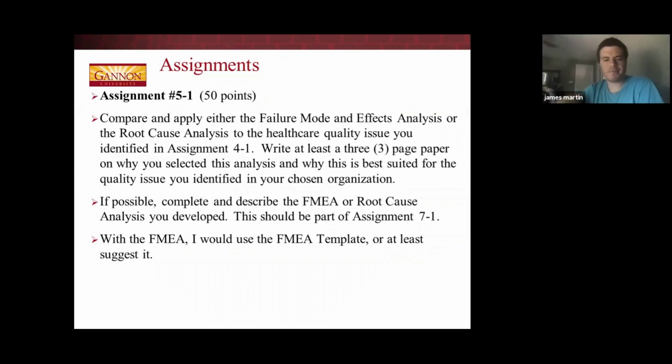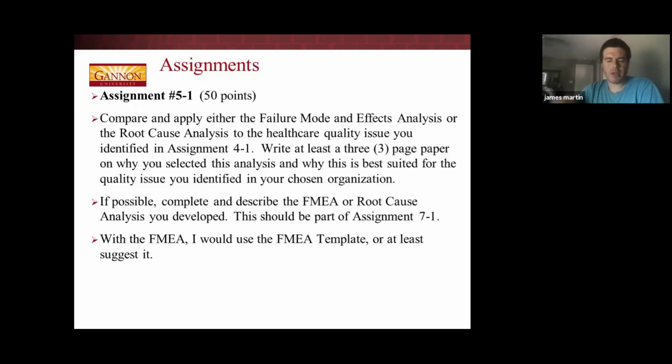Right. Because a sentinel event could be, probably infant mortality, right? Because they're not brought to term. But I don't know that that's an issue, right? Right. So I would imagine yours would be FMEA. And then, if you wanted just to use FMEA for your final project, you could do that, right? So this kind of builds into that.